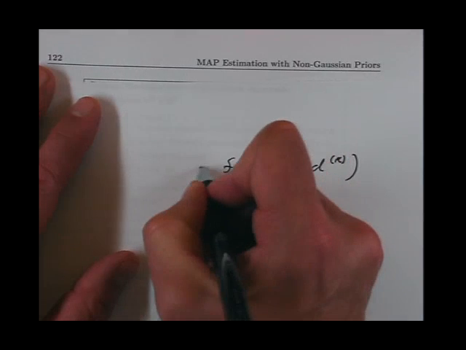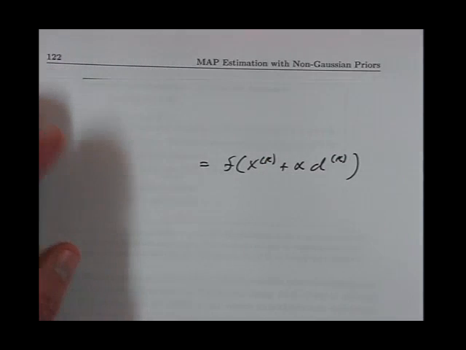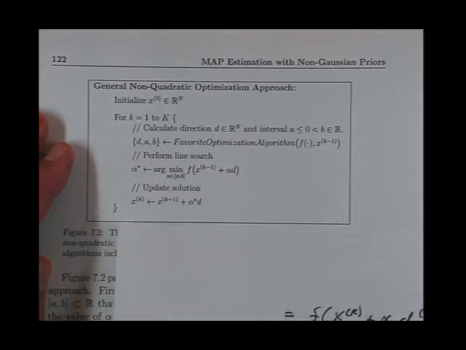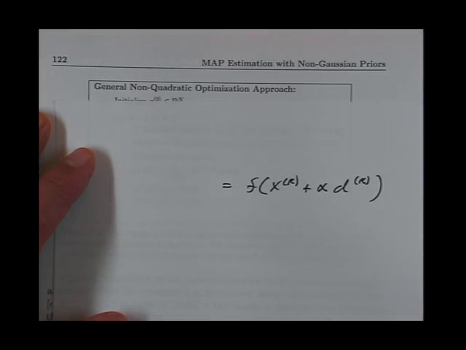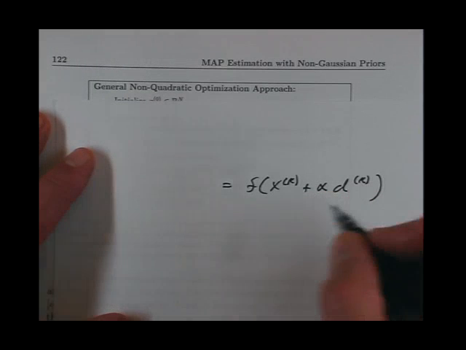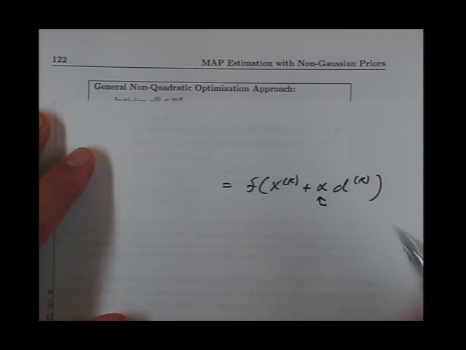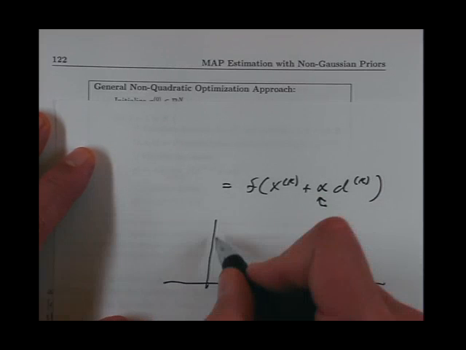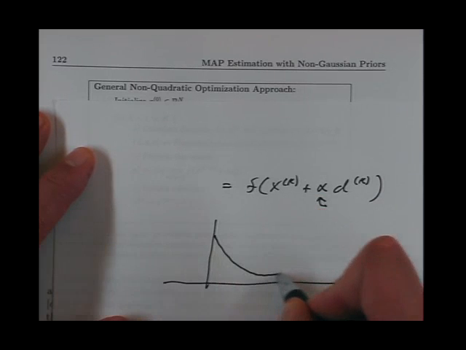And that thing is then a function of alpha. Now what you want to do is minimize this with respect to alpha, right? So if you plot this, basically it would typically look something like this.